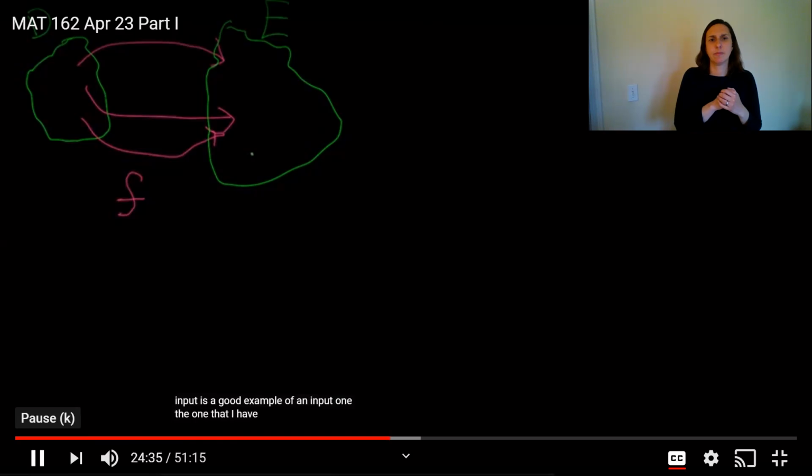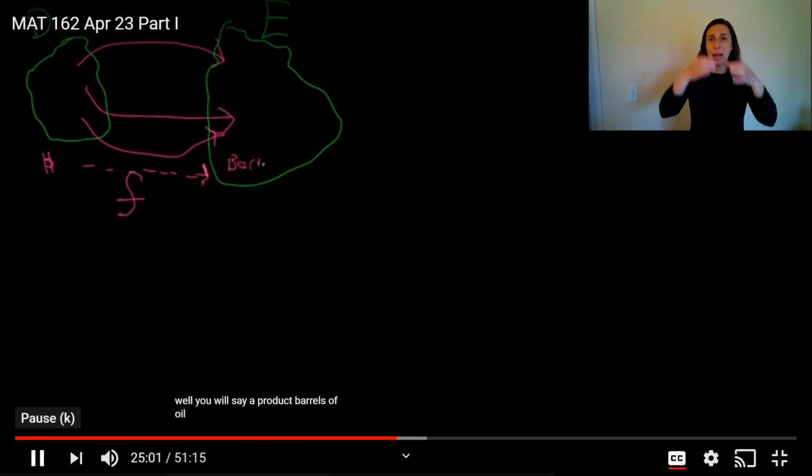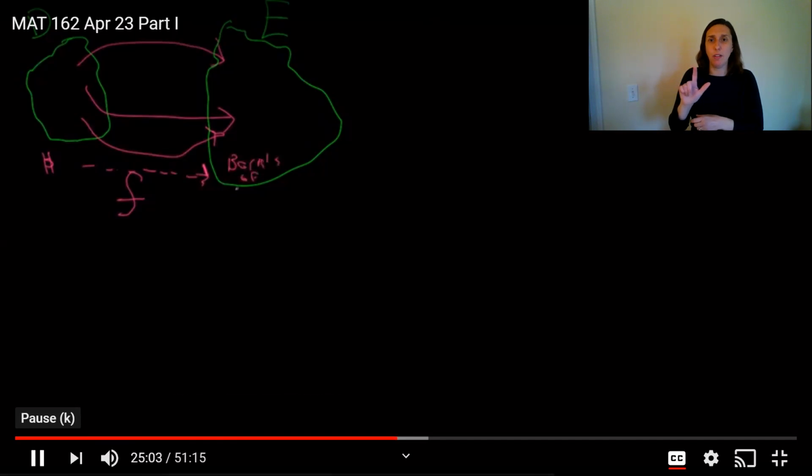The one that I have assigned the most is usually the wave problem, which we'll look at in the example here. But let's say this is some amount of money, and I invest that money, and it turns it into, we will say, a product, barrels of oil.